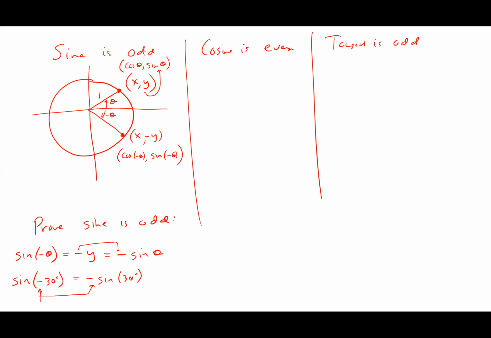Okay, let's use the same illustration. Let's prove the fact that cosine is an even function. So I'm going to go vertical. Everybody agreed there? Cosine of a negative theta is equal to, according to our chart, what?